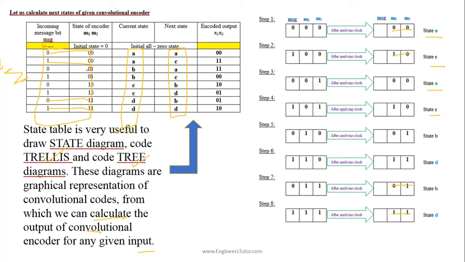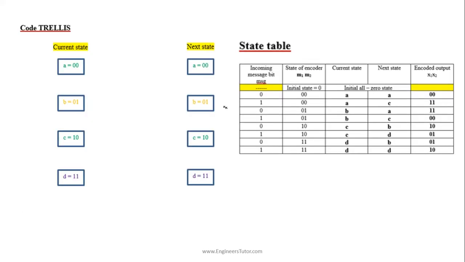State table is very much useful to draw the state diagram, the trellis diagram, the tree diagram, and to find the output of the convolutional encoder. We have understood how to obtain the state table for a given convolutional encoder. So this is the state table for the given convolutional encoder.